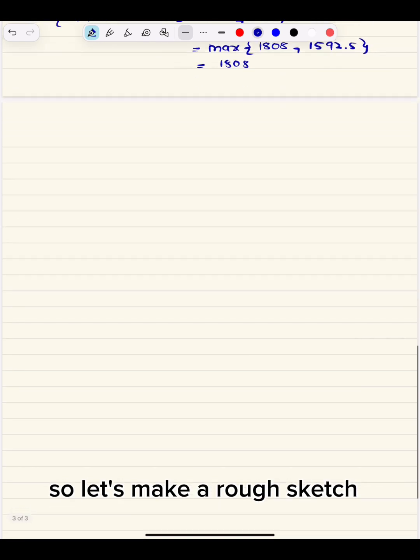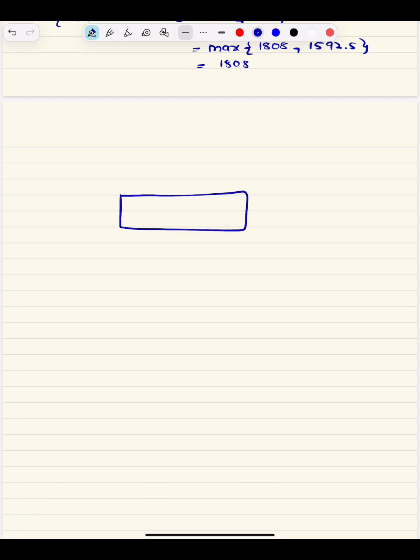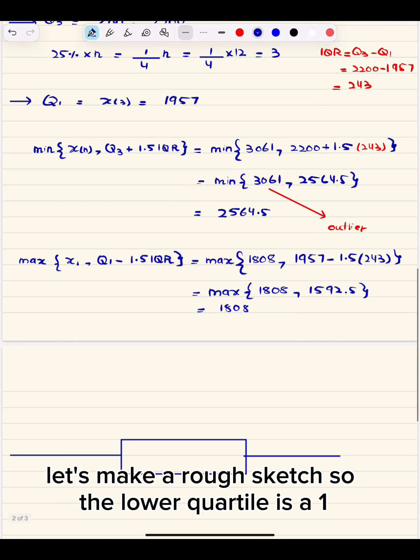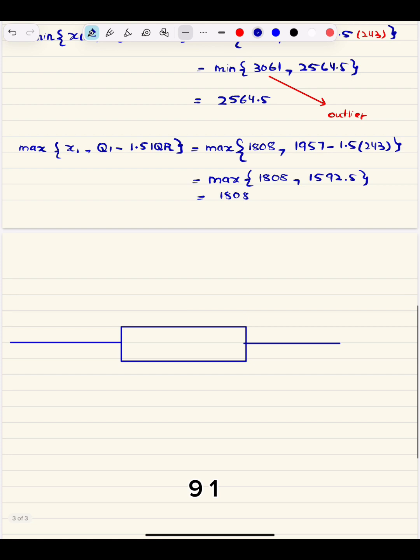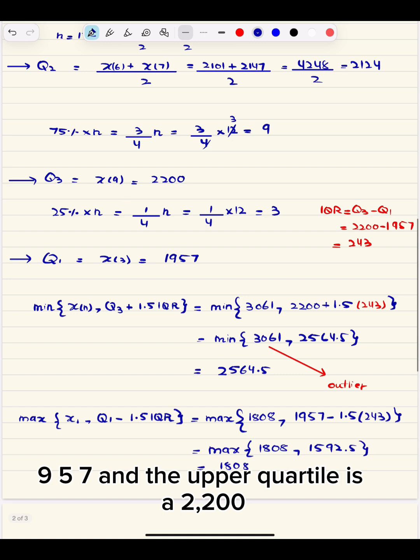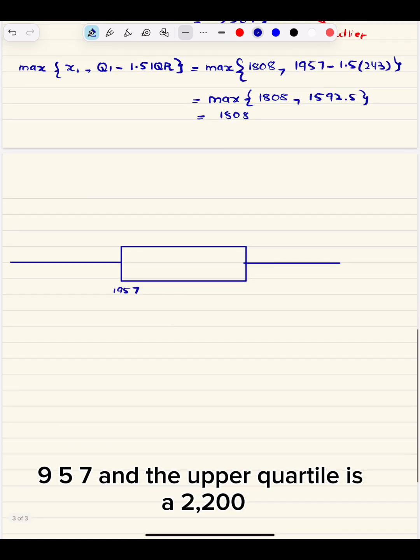Okay, so let's make a rough sketch. The lower quartile is 1957, and the upper quartile is 2200.